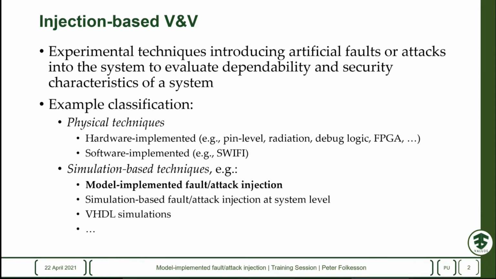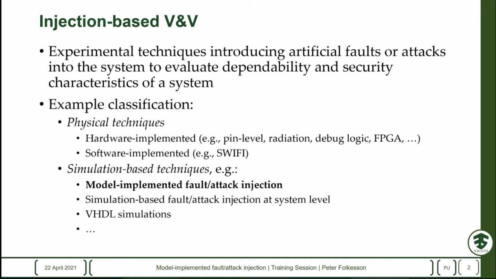One way of classifying these techniques is to divide them into either physical techniques or simulation-based techniques. Physical techniques are techniques that inject faults and attacks into actual physical systems or prototypes, while simulation-based techniques use simulations of systems instead.